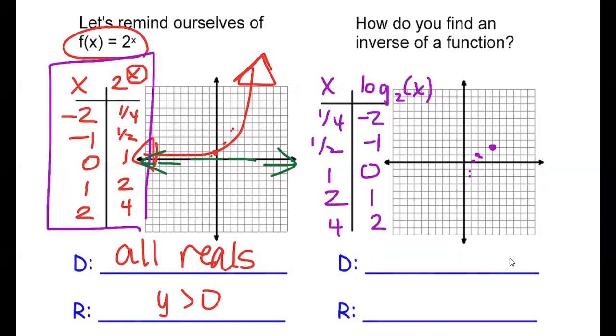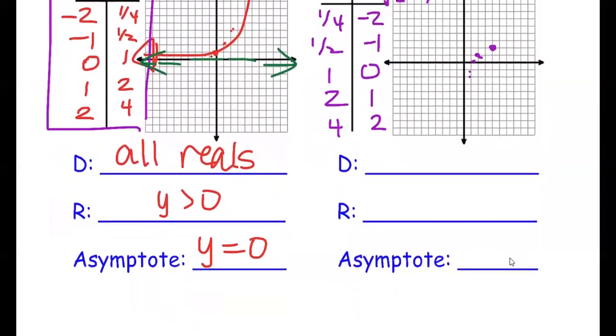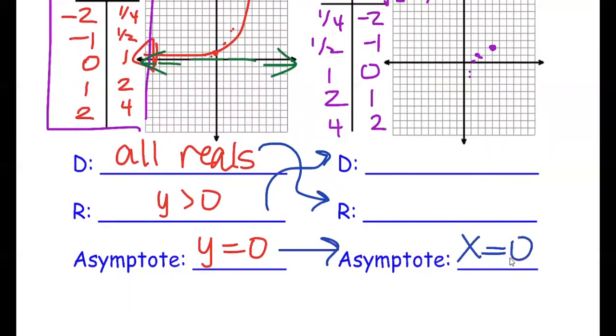But what other things you should remember is that when you have inverses, the domain becomes the range, and the range becomes the domain. And for asymptotes, instead of y equals, it's going to be an x equals 0. So actually, I do have an asymptote, and it'll go up vertically at x equals 0.